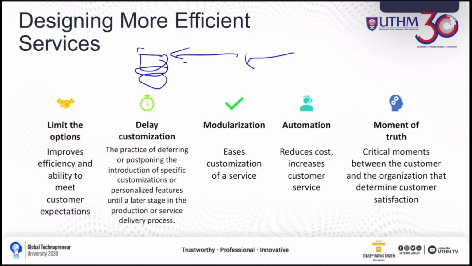Okay, modularizations is actually customization of the service. It's the same thing actually. For example, they what they do for modularization is, for example, we see the strategy here in the restaurant.